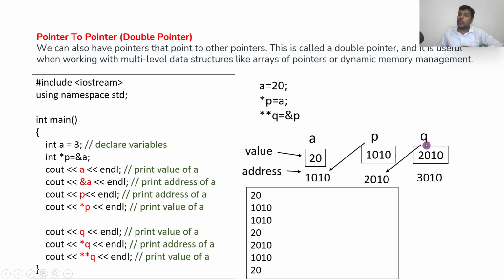Now q will print the address of p, and *q will print the value in the address of p. Now **q will go to the address, then to the value in the address, which is also an address, so it will go again to the main address value. This is also called pointer to pointer or double pointer. Let me show you directly how the output will work.